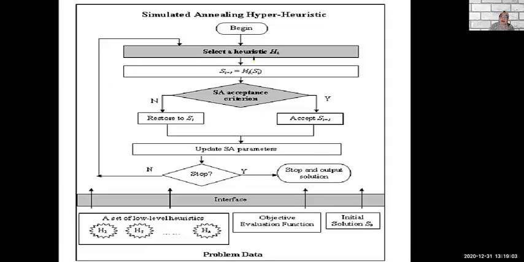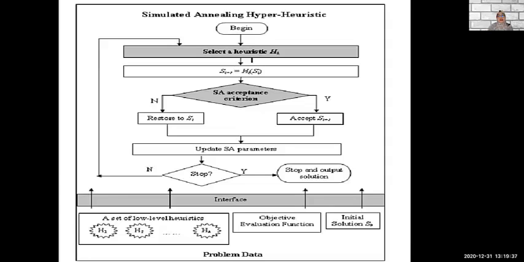So how do we select a heuristic? You can just randomly select, or you can use any selection mechanism that we have gone through before to select the low-level heuristic. By using this hyper-heuristics framework, we can work like variable neighborhood search, or as a hybrid algorithm where we have many heuristics at the low level.